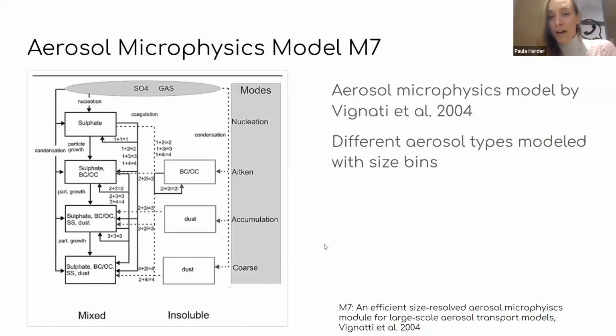So that's important to model, but it's cost intensive. So the idea was to replace this microphysics model M7 with a faster neural network.